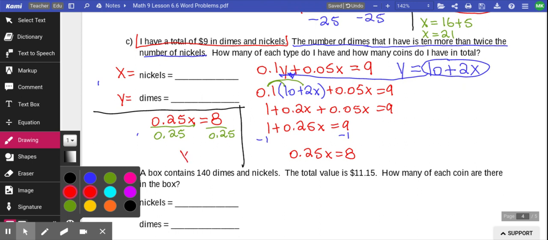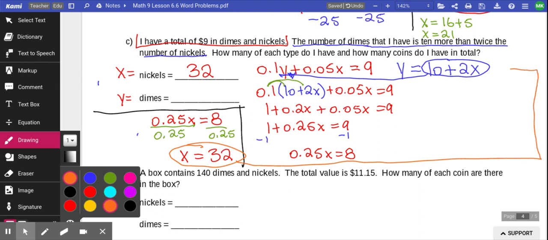That gives me an answer of x equals, I think it's 32, but I'm going to make sure. Divide by 0.25. Yeah, it is 32. That means I have 32 nickels. If I want to figure out how many dimes I have, I take this solution and I substitute it all the way back into this first one right here.